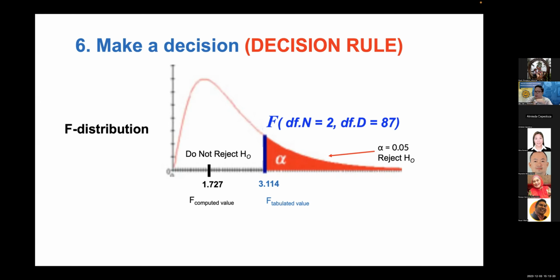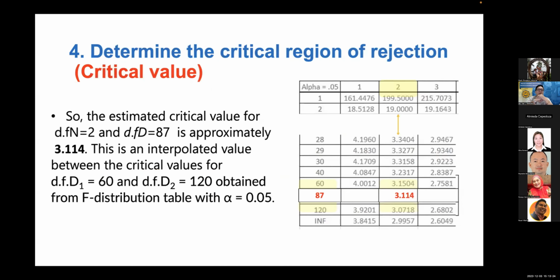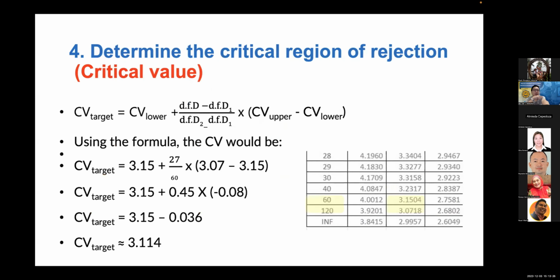Well, the very complicated way of computing it, yes. Especially, as Doc Roel showed earlier, sometimes you will see that it does not appear in the table, but there will still be ways on how to compute that. And it is very good that he showed where the F value for the critical F value actually came from. So it is 3.114.